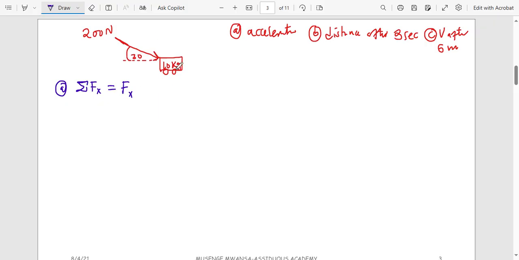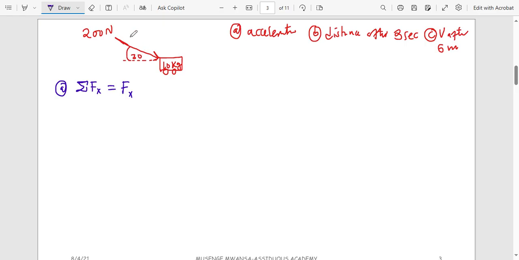For this question, we've not been given any coefficient of friction, so we are assuming that the ground is frictionless. That is important. If they've not given you friction, you take it that there is no friction, so there will be no force that you'll be subtracting. So the net force will simply be equal to the applied force.